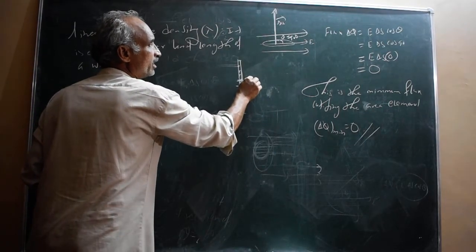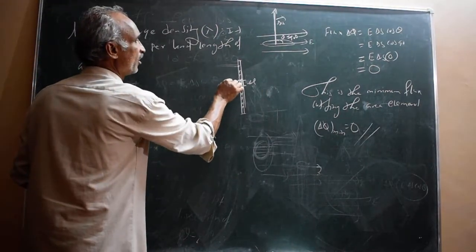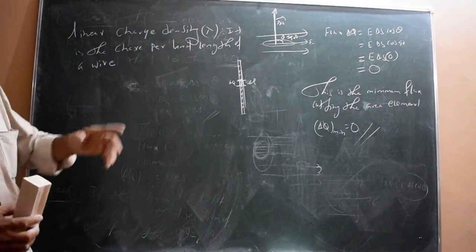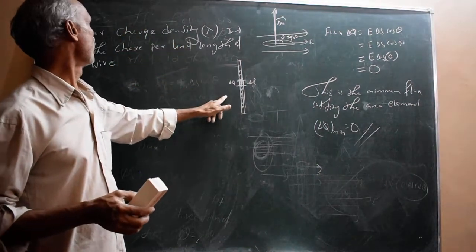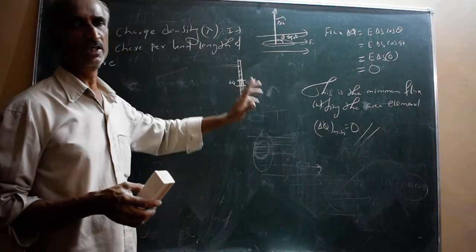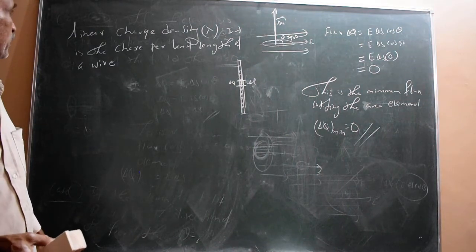That length is delta L, and it contains the charge delta Q. Then we can define the linear charge density of a wire as delta Q upon delta L. Linear charge density is the charge per unit length.